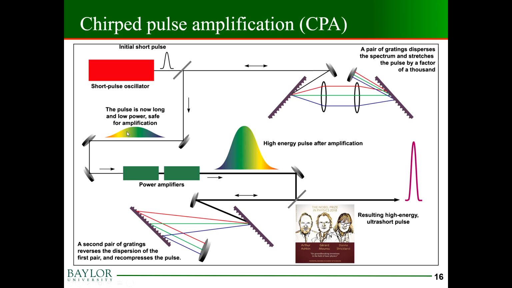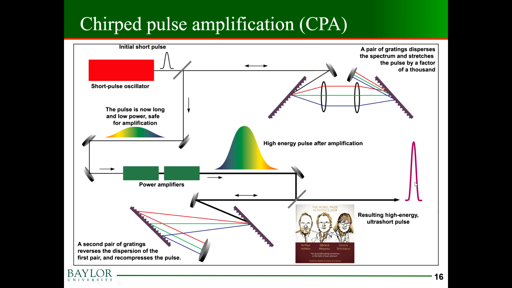Okay. So we have the very broad pulse, and then it passes through an optical amplifier. This very wide pulse is amplified, so we get a high energy pulse after amplification. Then you pass through a dispersion with an opposite sign, an opposite dispersion material. It has the opposite effect of the original broadening, so it narrows, or compresses, the pulse.